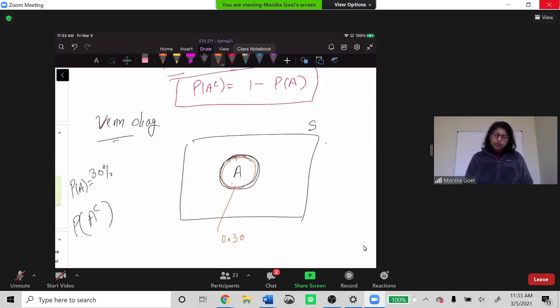So if I'm looking for A complement, that means I'm looking for everything except this part. Complement of A is everything except this in this sample space. So anything outside this is my complement. And how much will the probability of that be?